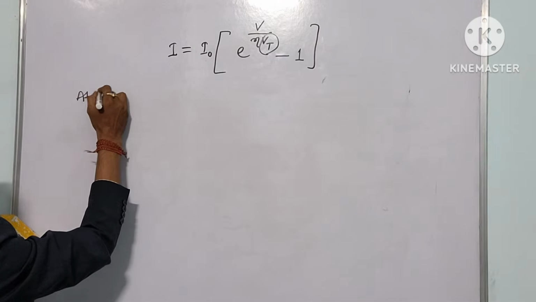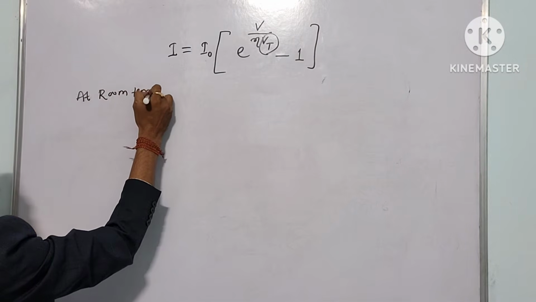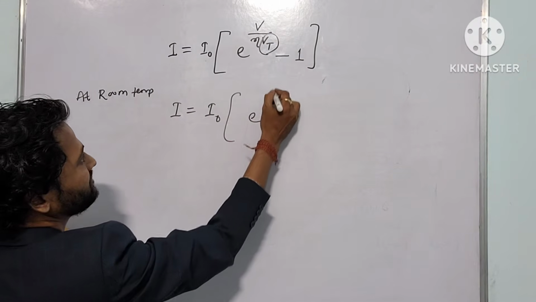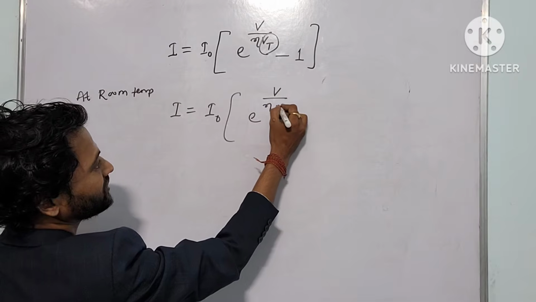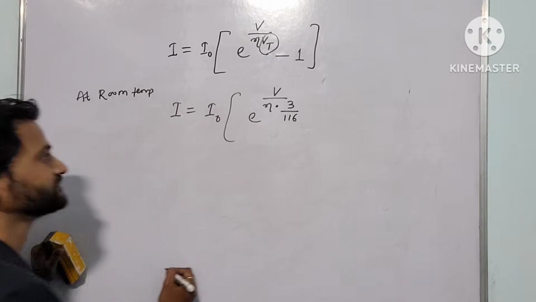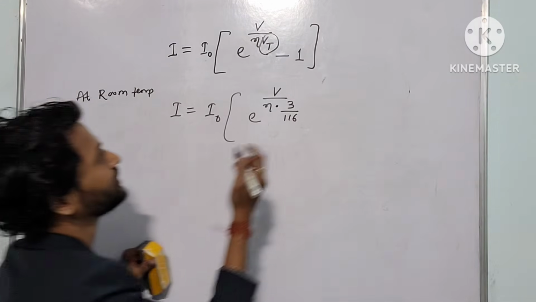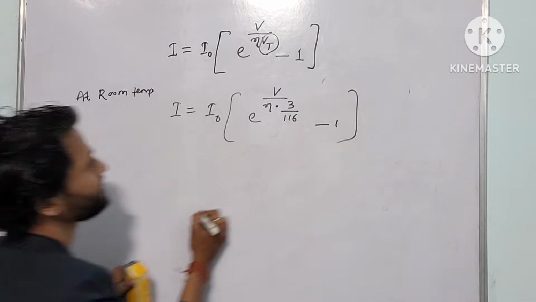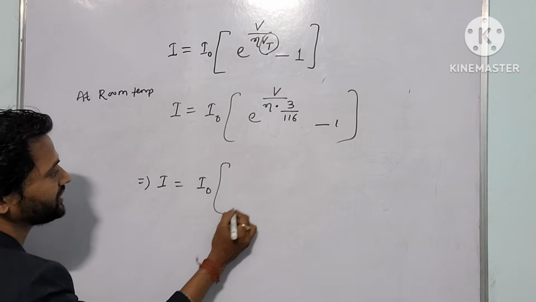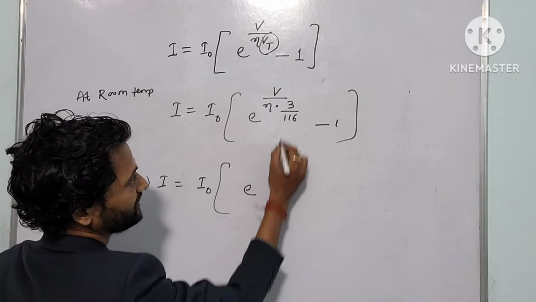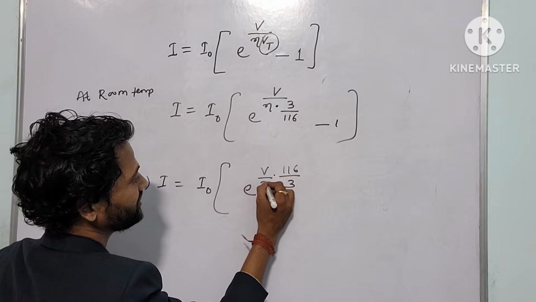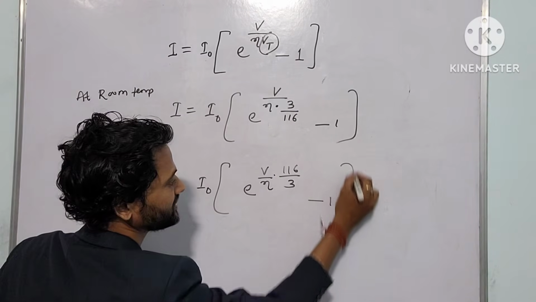So मतलब at room temperature I will be I naught whole into e to the power v by eta into कितना था 3/116, right? Here minus of how much 1. So I can write down here I will be equal to I naught whole into e to the power 116 by 3 यहाँ पे v into eta and minus 1 is there.